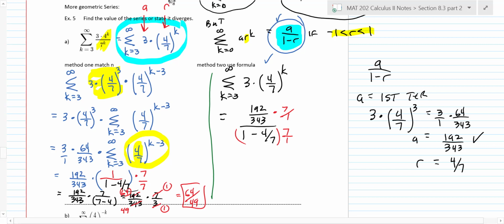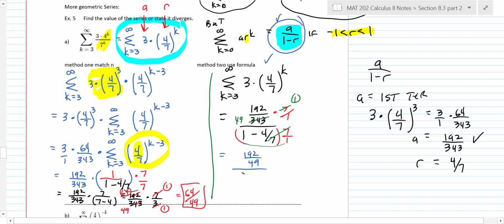Okay, when I do that, it goes like this. Let's see, 7 goes into 7 once. 7 divides into 343 49 times. Okay, go to the bottom, you'll have 7 times 1 is 7, and then you'll have that cancellation right there. Okay, so what you'll have is 192 over 49 in the numerator.